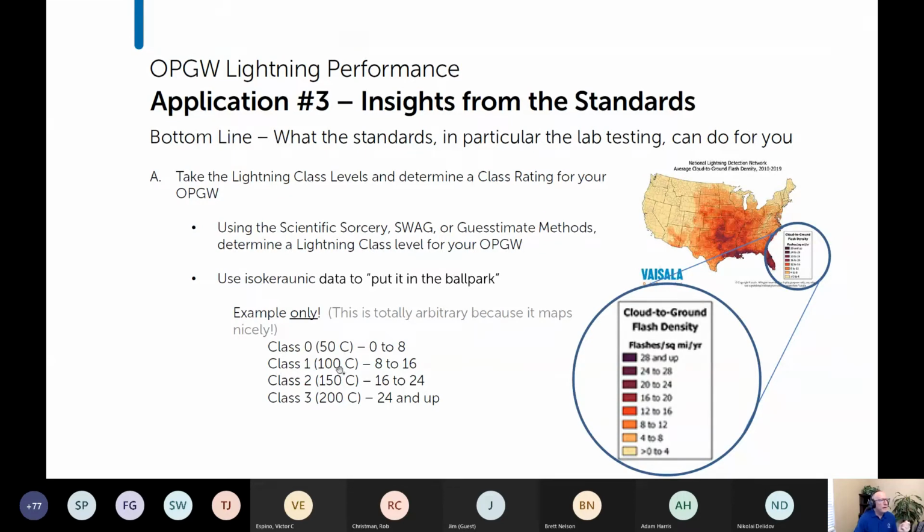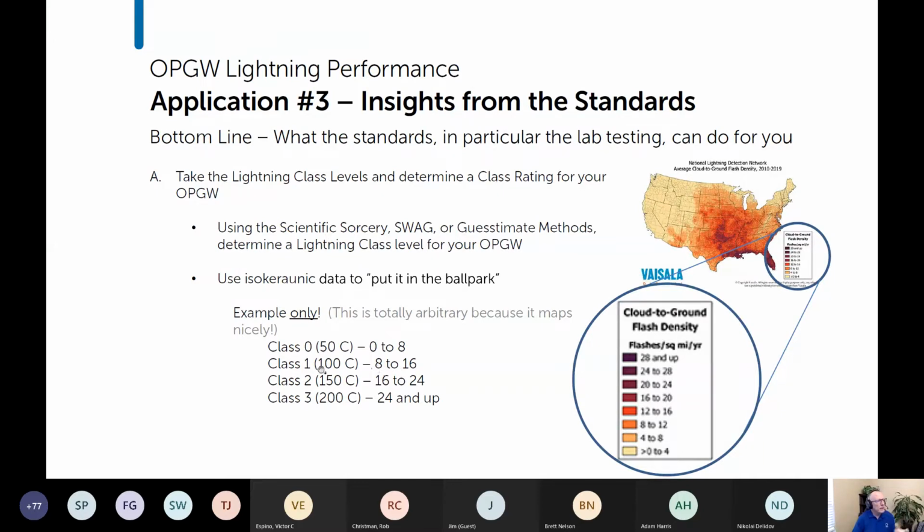But let's say that you're in an area and using this totally arbitrary criteria that Mike Riddle did not recommend applying this way. But nevertheless, if you did, you might say, well, class 1 looks appropriate, but we're actually having damage.